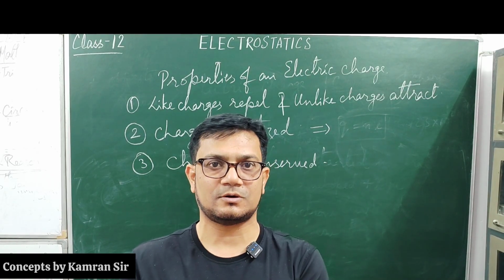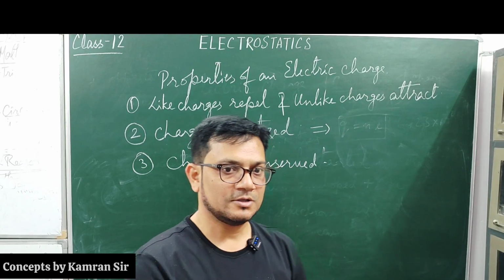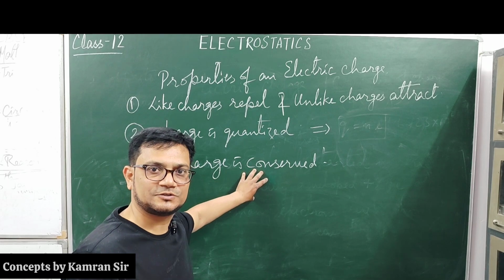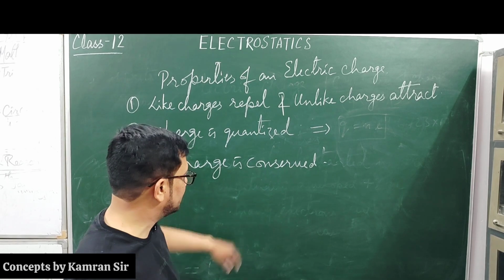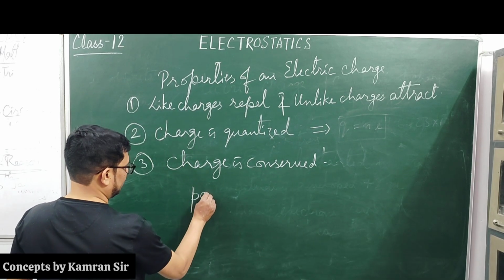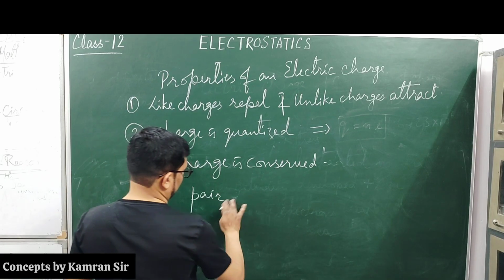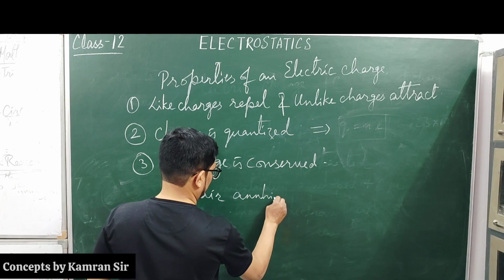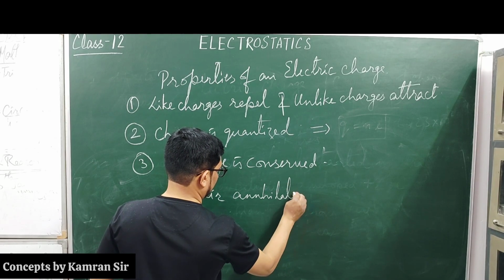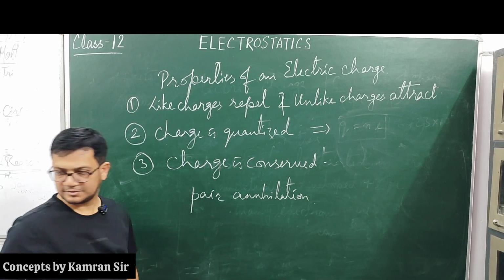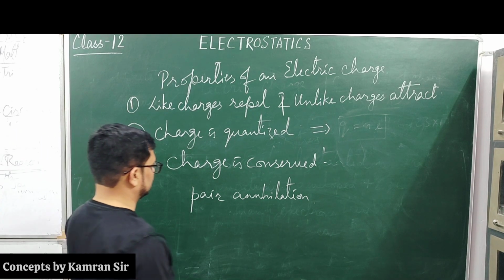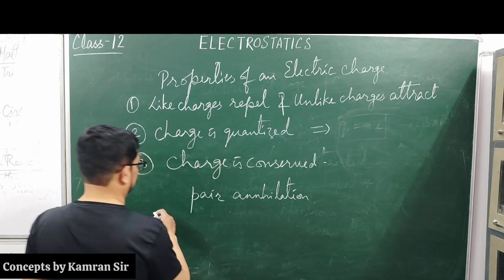They're just getting transferred. So that essentially means the conservation of charge. What are the examples? Pair annihilation and pair creation. These are a few examples we can talk about when we talk about charge being conserved.